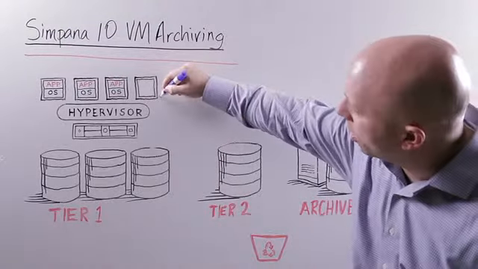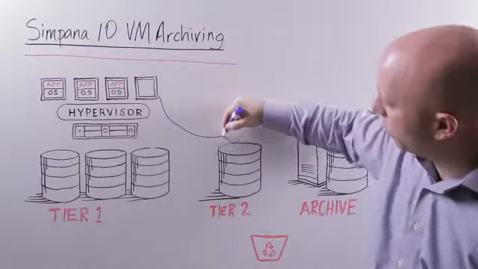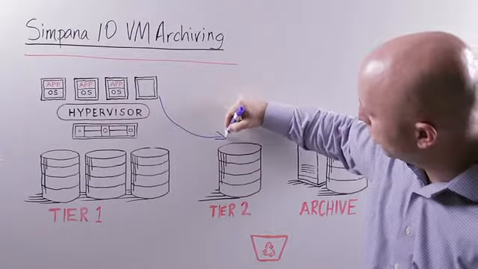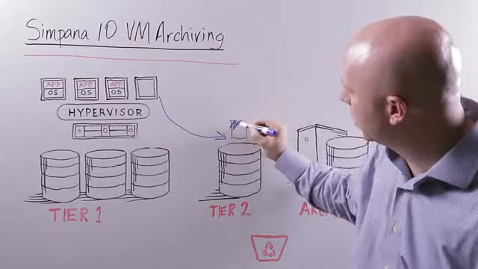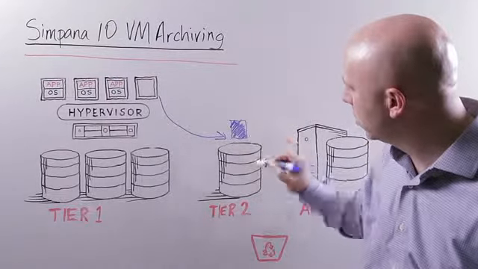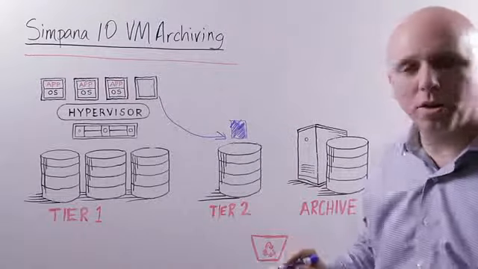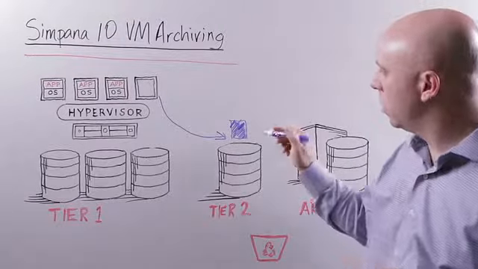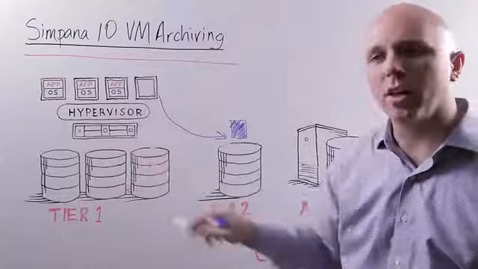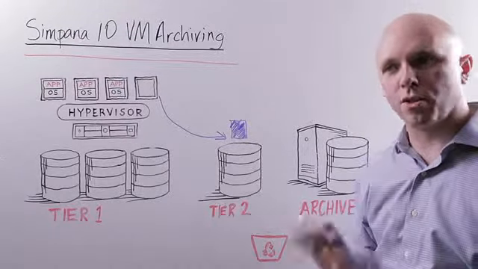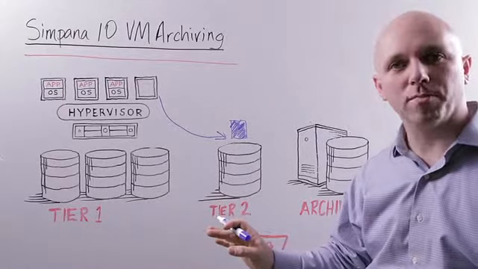We can automate the process of moving that powered down virtual machine off to Tier 2. It's still sitting over here, it's powered down, still available in your virtualization management console, but it's sitting on Tier 2 resources. I've reclaimed some Tier 1 disk to redeploy to an application that needs it.